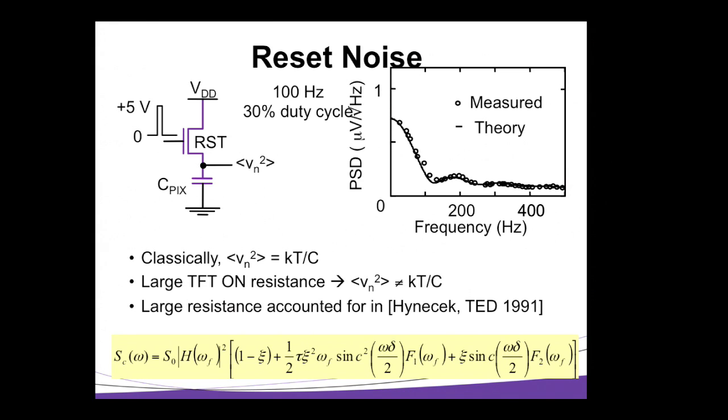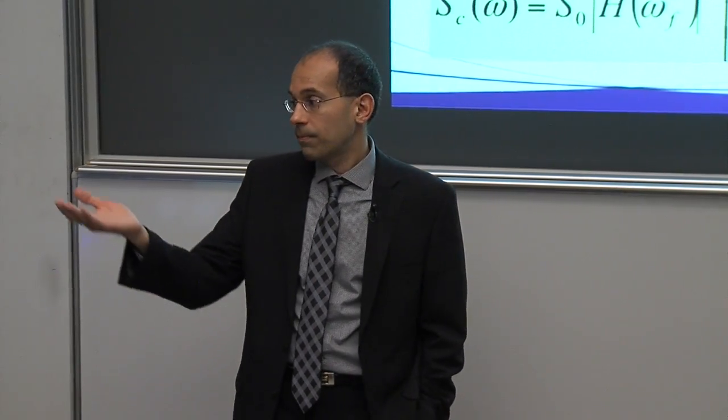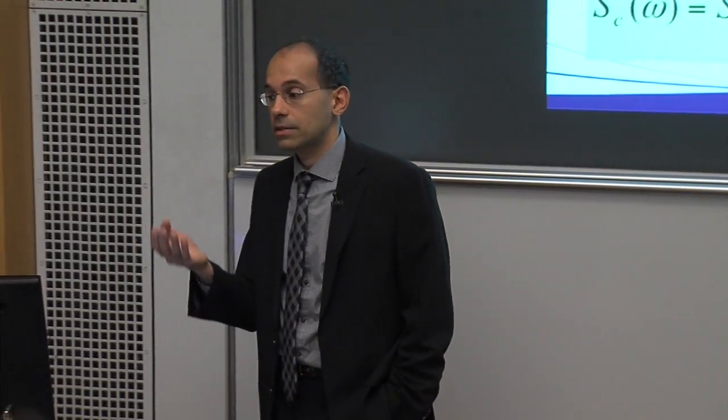And what we realized is that in the classic reset noise analysis, everybody assumes a switch that has a very minimal on resistance. That's not true with TFTs. The on resistances are in the megaohms, so there are some correlations that kick in. So then we had to go back and figure out what actually happened, and we did some modeling on it, and we were able to get a pretty good model for that reset noise.